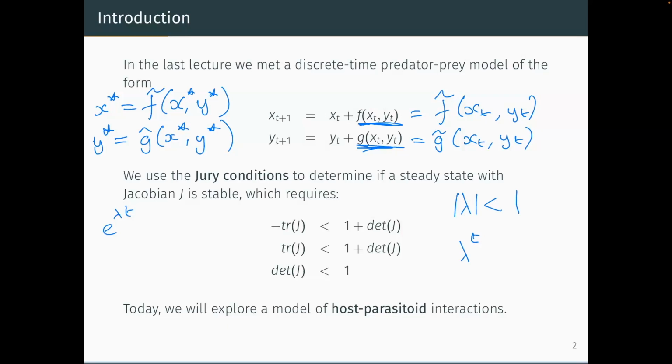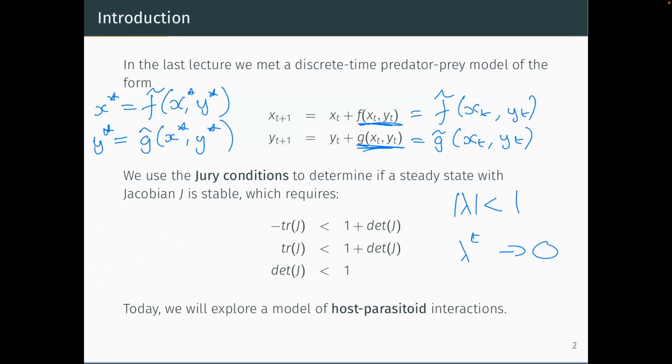Here you need the real part of lambda to be negative for this to tend to 0, whereas here, if the absolute value of lambda is less than 1, then this will tend to 0. So this is continuous time and this is the discrete time version, okay? Just like in single population models, there's a distinction in terms of where the boundary is. And so these Jury conditions are just ensuring that the eigenvalues have absolute value less than 1.